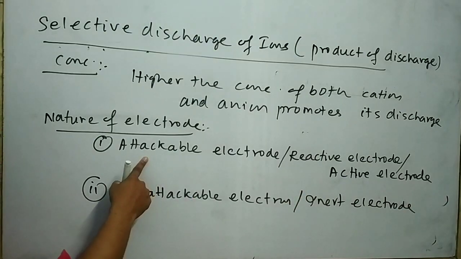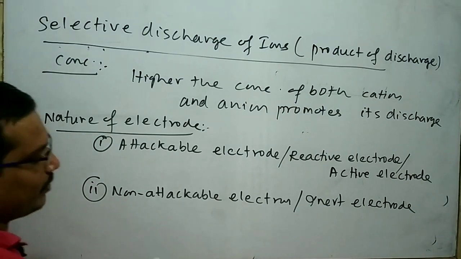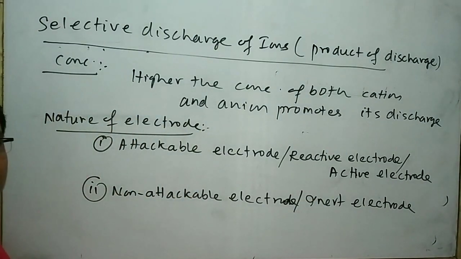The attackable electrode attacks the electrolytic solution, while the non-attackable electrode does not attack the electrolytic solution.